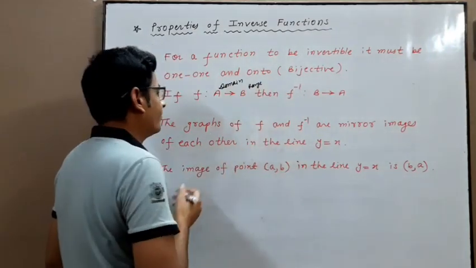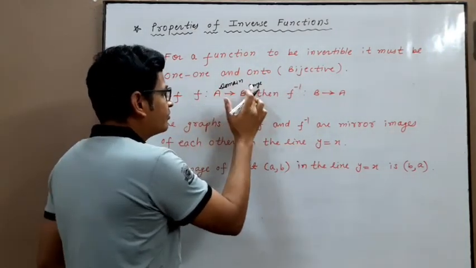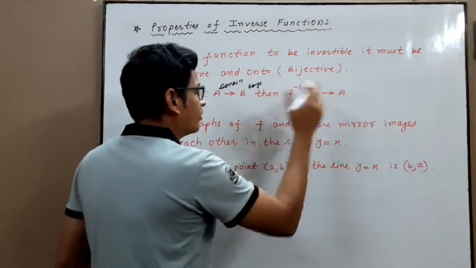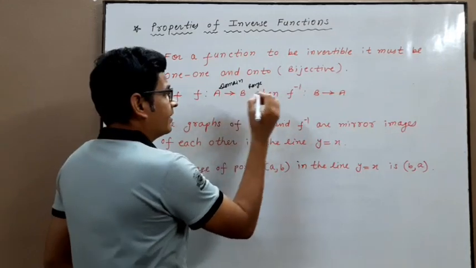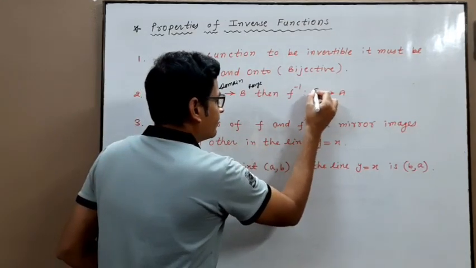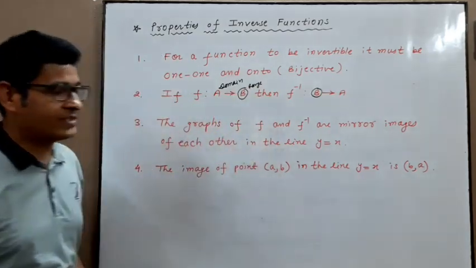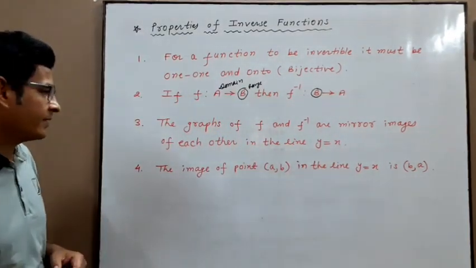So if f is a function from domain to range, then f inverse is a function from range to domain. It means the domain of an inverse trigonometric function is the same as the range of the trigonometric function. This is a very important remark.